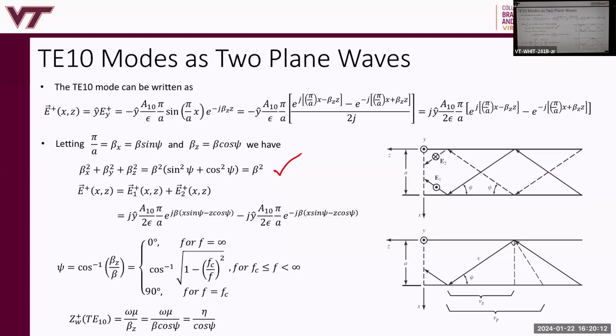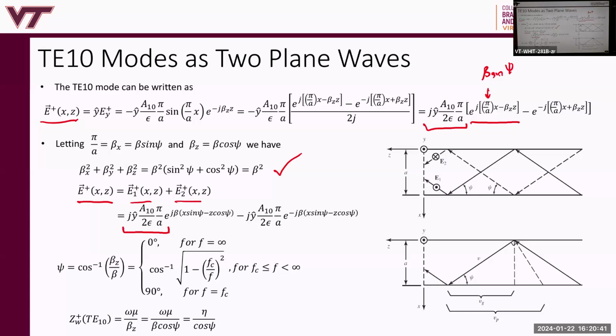So let's plug these definitions back into our E_y plus, or E plus rather. We can say E plus is decomposed into an E1 and an E2, all right? E1 is jy hat A10 over 2 epsilon pi over a, same coefficient we see here. And we pick up this first exponential, which is e to the j beta. And then we have pi over a here, which we have set to beta sine of psi.